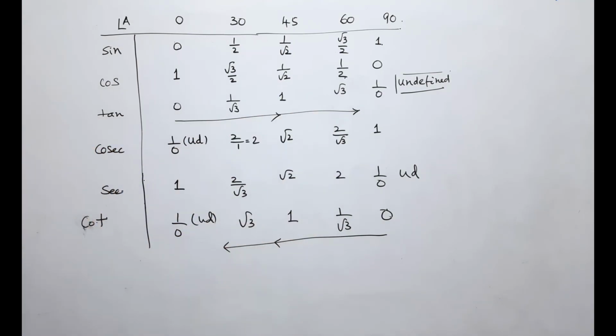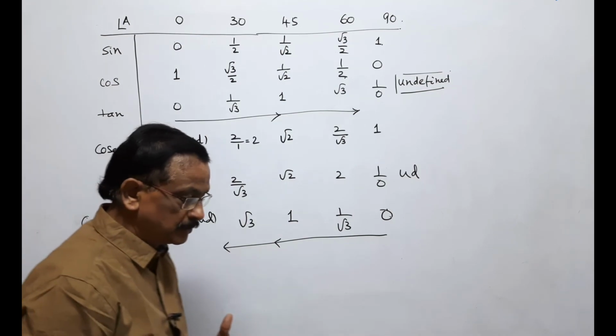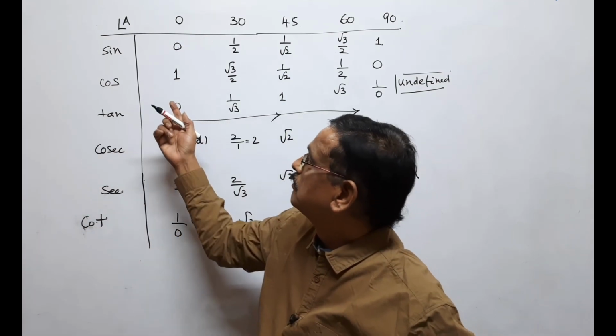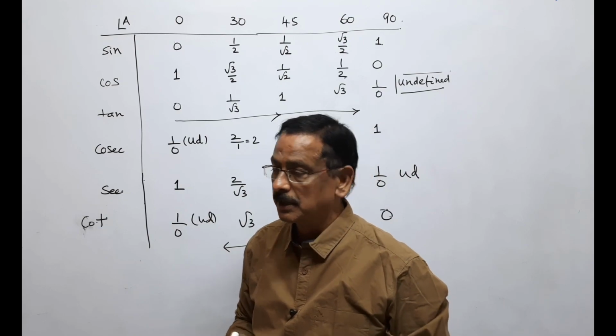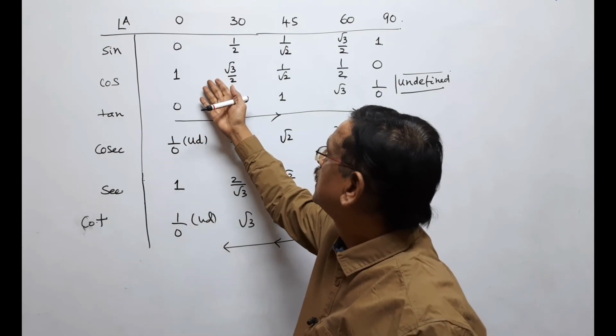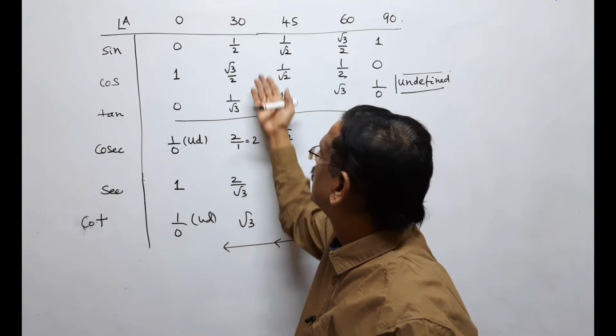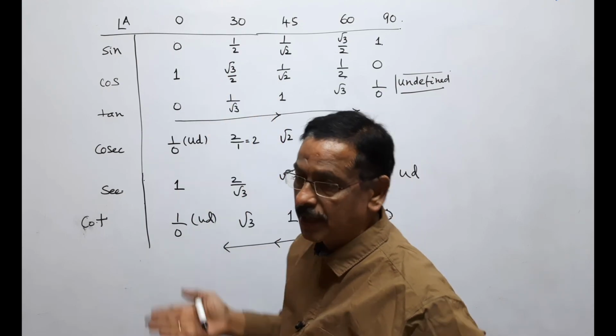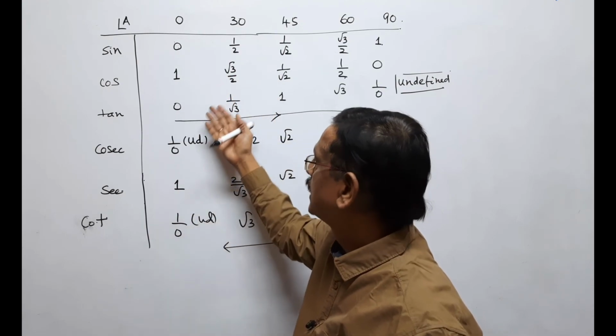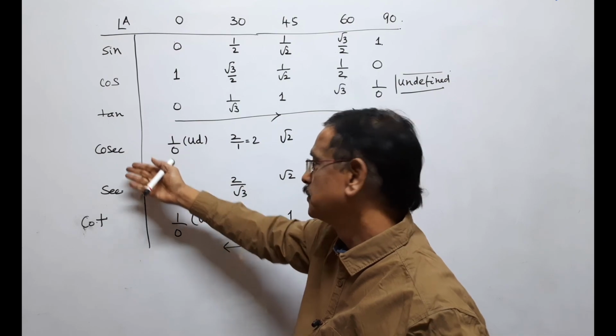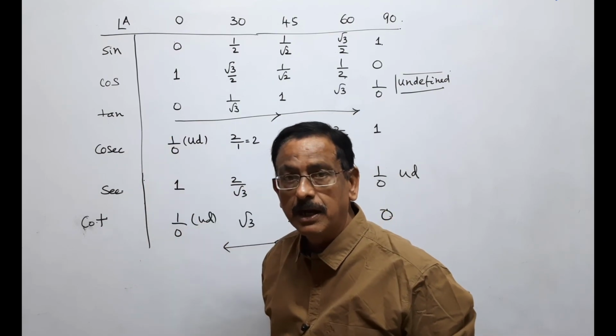This is a table where one has to be very clear, and you should get the ratios immediately. One has to keep in mind that whenever it is asked, you have to learn these things by heart.